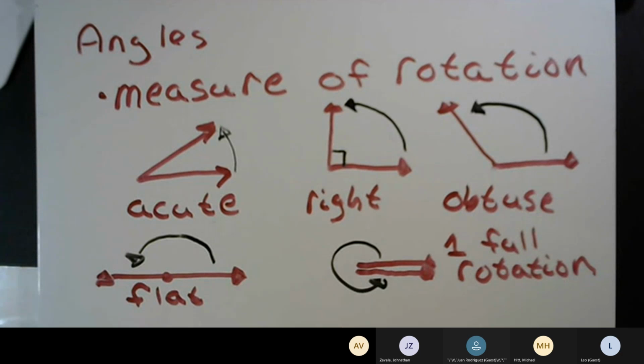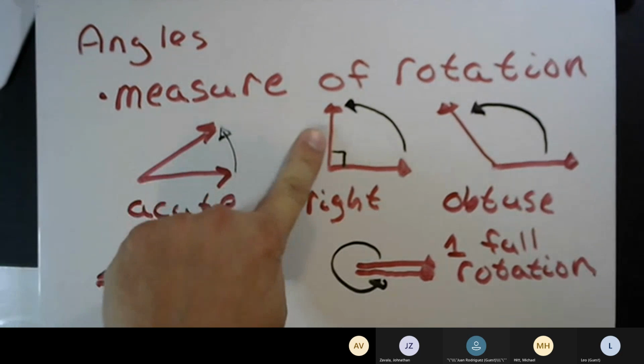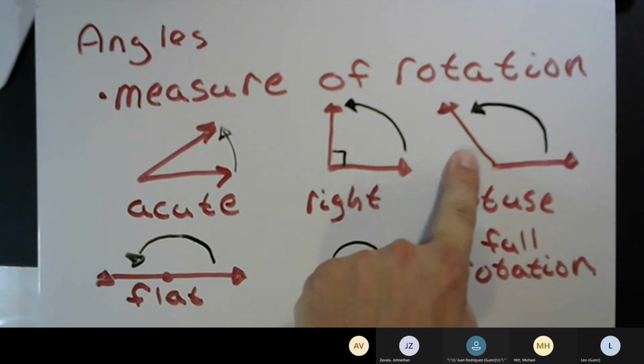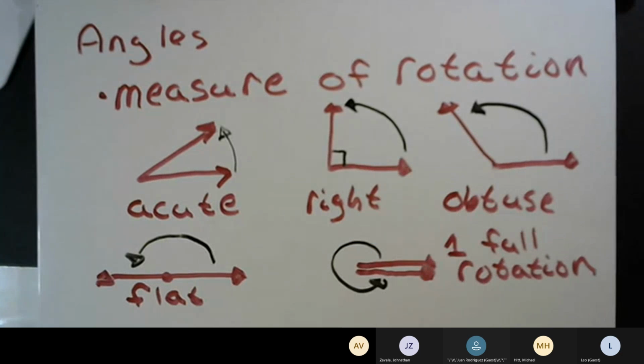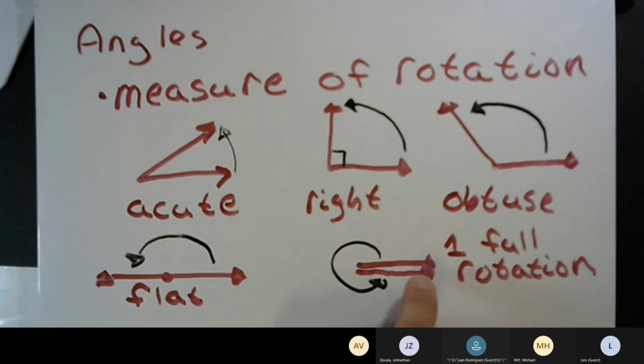So these are very qualitative ways of describing angles. Not a lot of rotation, acute. Perfectly vertical second leg is a right angle. It's not all the way flat, but it's more rotation than the right angle. We call that obtuse. When it's flat, 180 degrees, or a flat angle, then we can go all the way around back to where we started. And that's your full rotation.